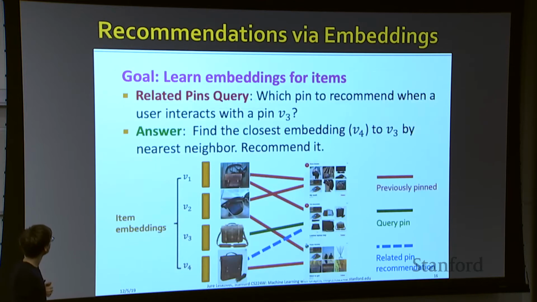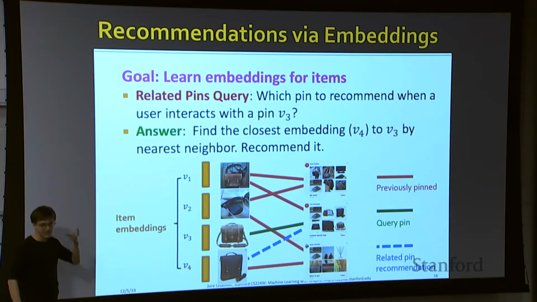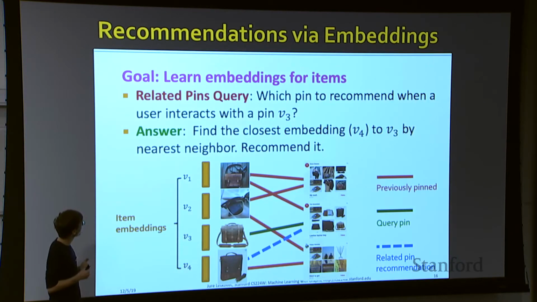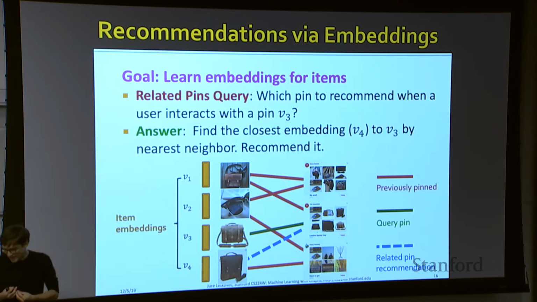The other thing that is important is that our goal will be to learn embeddings of items, to learn embeddings of pins. The way we will use these embeddings is to say, for a given pin, what are the other pins that are most similar to this given pin, right?